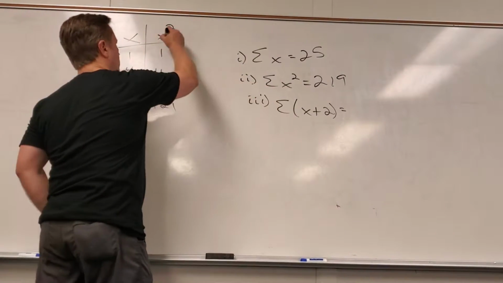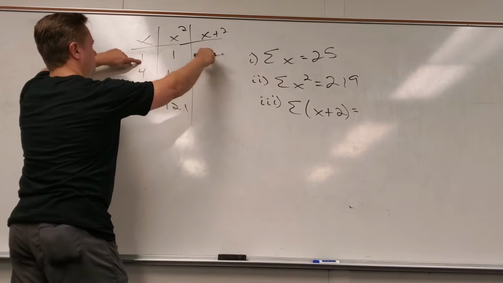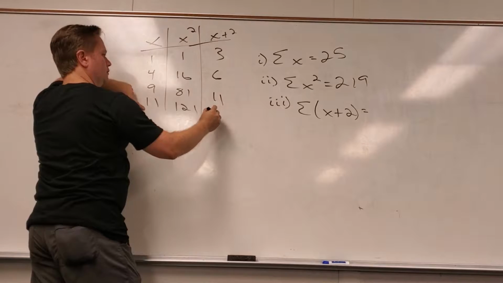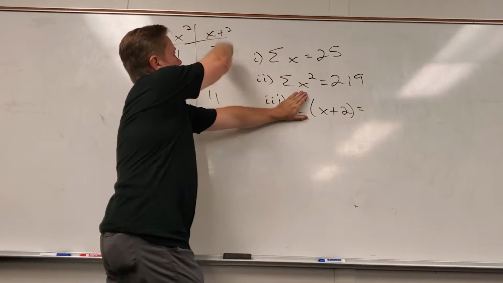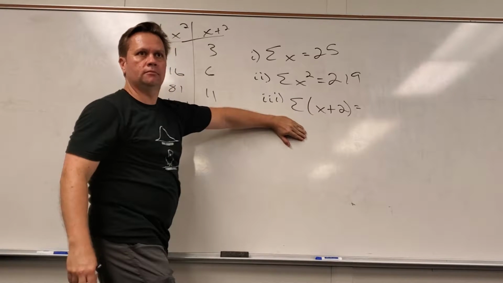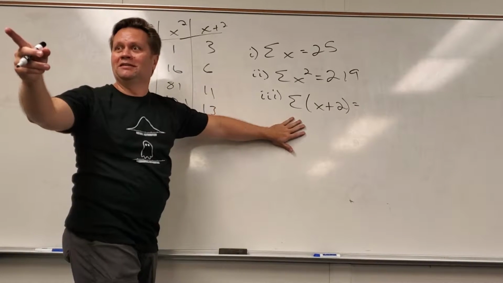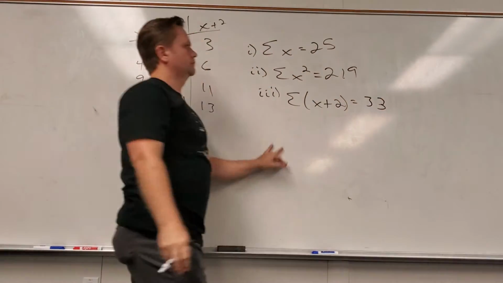What kind of column do you need now? So what's x plus 2? 3, 6, 11, 13. And now that I've got a bunch of those, I can add them up. 33. So she said 33. 33, all right.